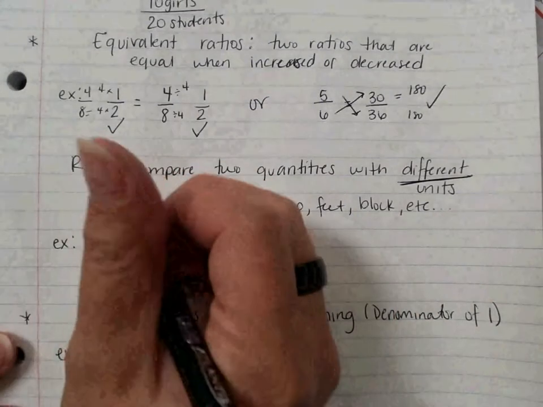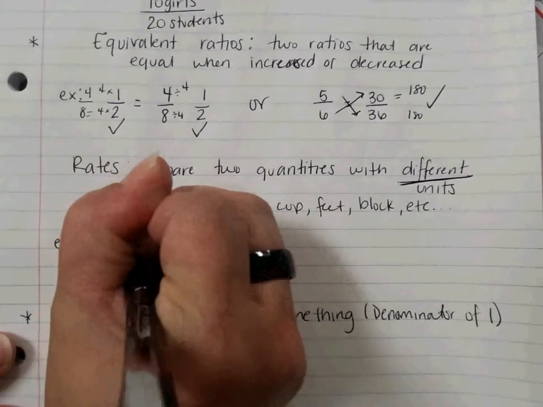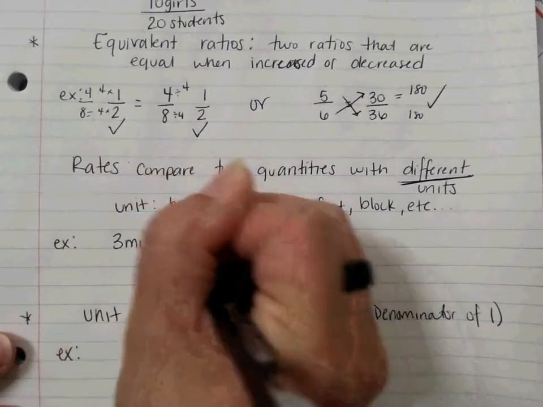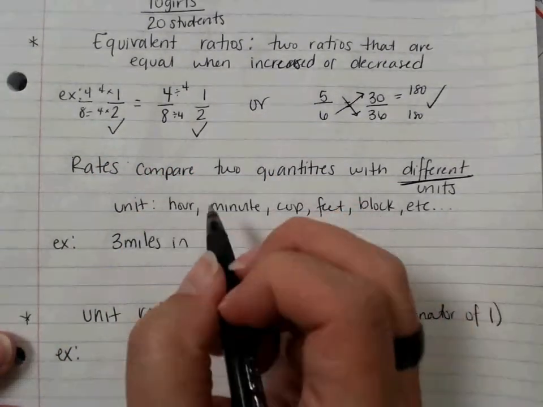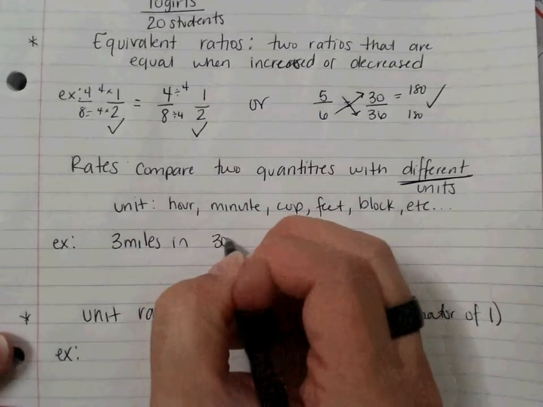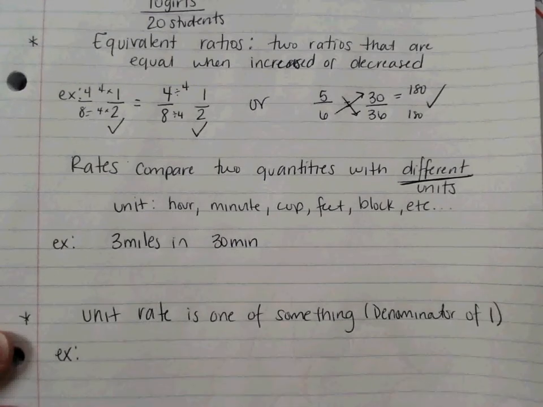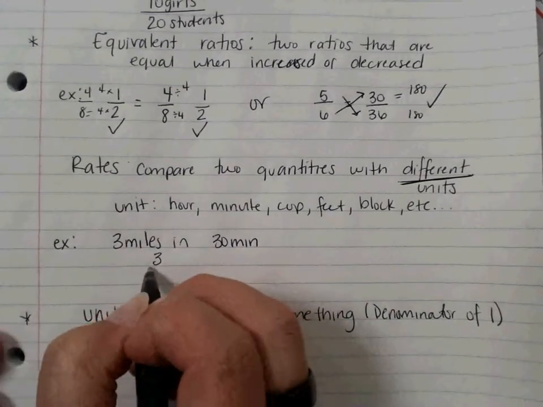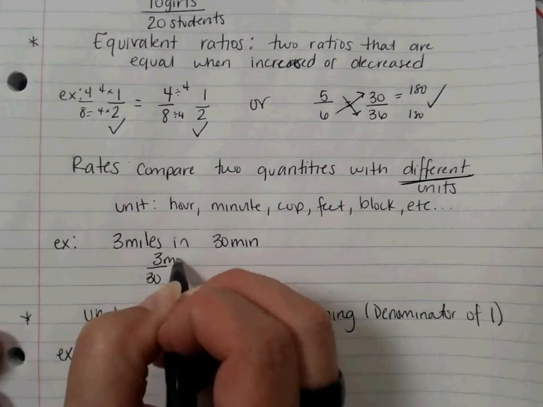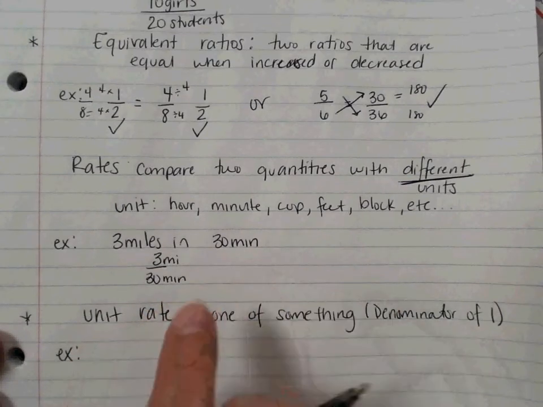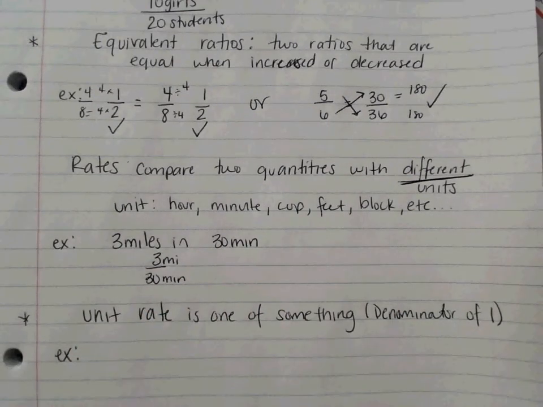So I could say something like, I ran 3 miles in, we'll say, 30 minutes. So 3 miles in 30 minutes. The ratio is 3/30. 3 miles in 30 minutes. Making sure that you try to write your units with this so that way you don't forget.